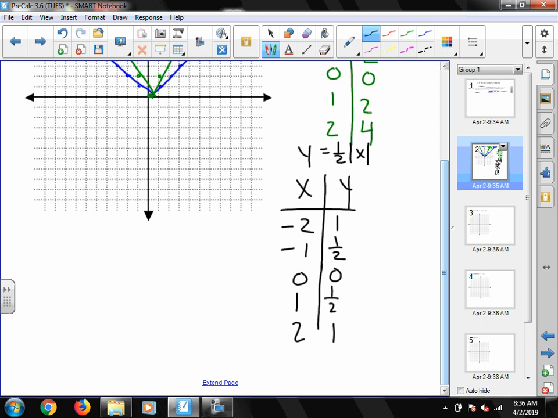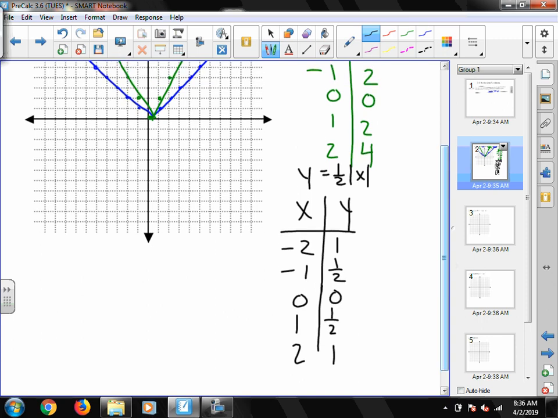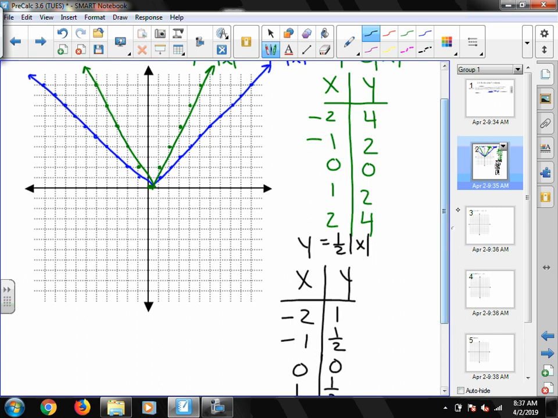If you want some more points, you are more than welcome to plug in more than just those, but those are enough to at least get me the idea. So 0, 0, 1/2, 2, 1, here, here, and you can see a pattern here.